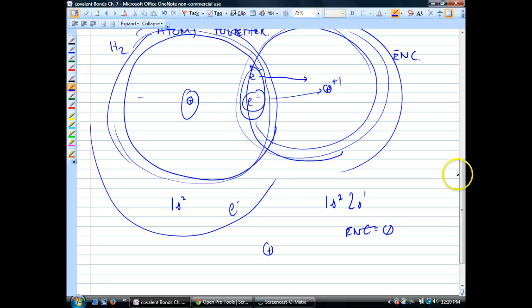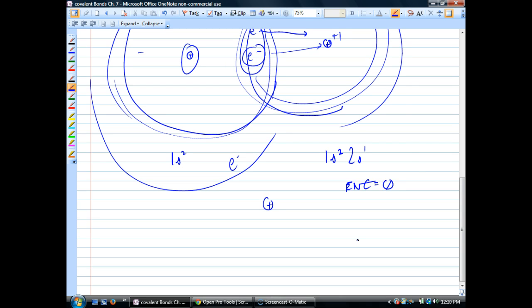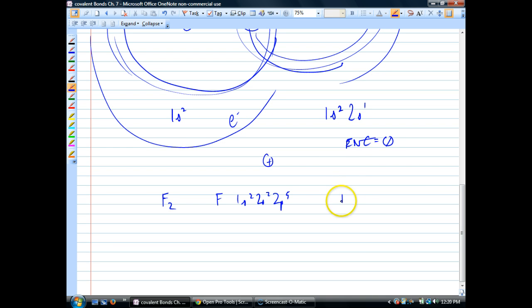And we could do a similar model with more complex atoms. In fact, it works a little bit better with more complex atoms. So in F2, for example, we have a fluorine atom that's 1s2, 2s2, 2p5, and then we have another fluorine atom that's 1s2, 2s2, 2p5.